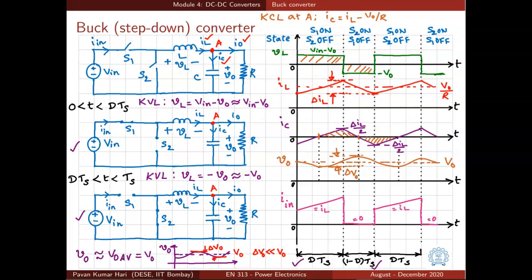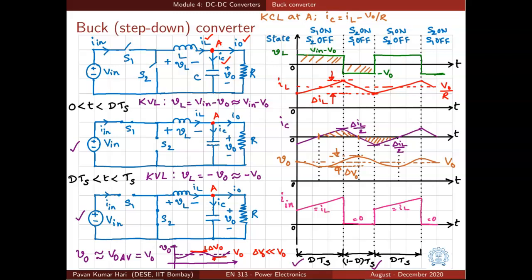It is nothing but the current flowing through the switch S1. So when S1 is on, that current I in is equal to IL because S2 is off. Otherwise, whenever S1 is off, the current drawn from the source is 0. So that is how the input current looks like.